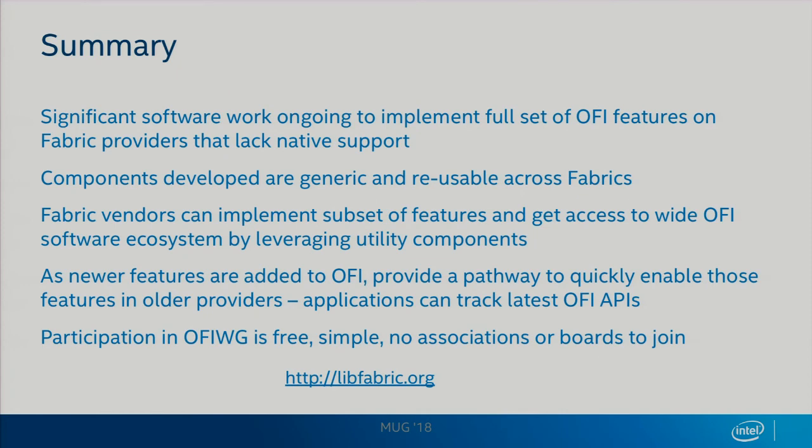The components are very generic and completely reusable, and fabric vendors are pretty excited because they get to implement only a small subset of the features, and they get the software framework all around it. And an OFI application can just work. Again, it's not anything different than the MPI device model, where a vendor just needs to implement a small part, and then they get the rest, and they can optimize whatever part they want. And you're free to participate in OFI. That's it.